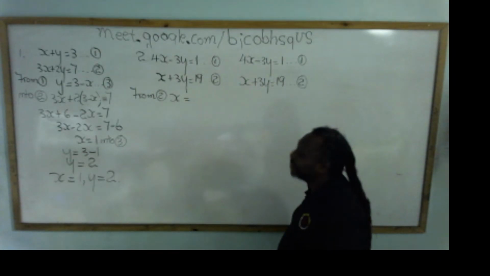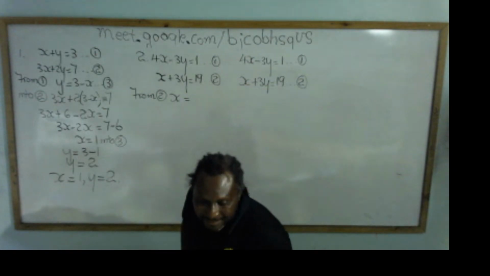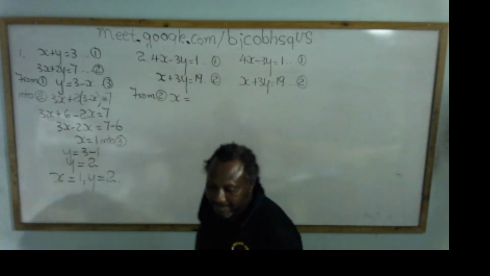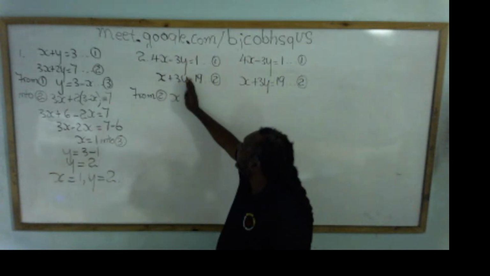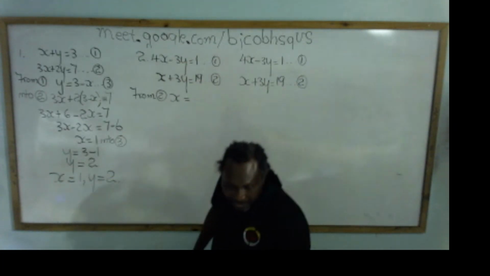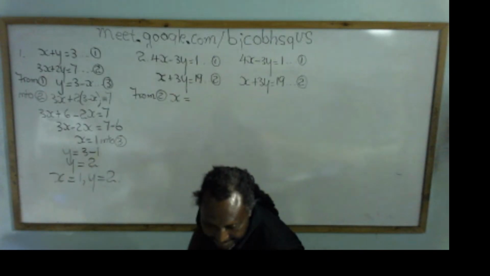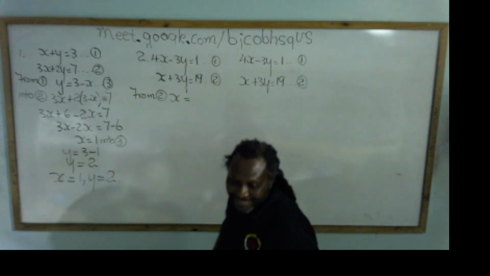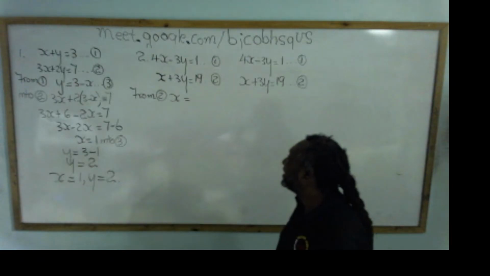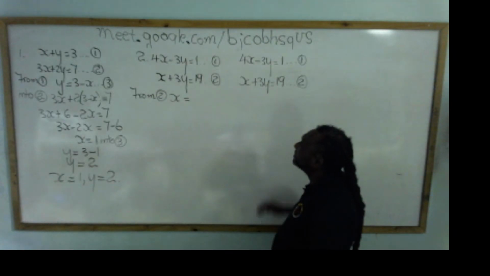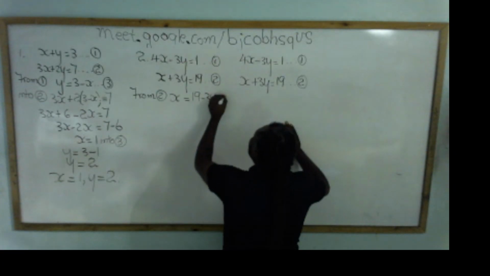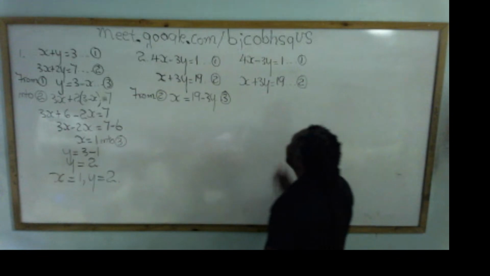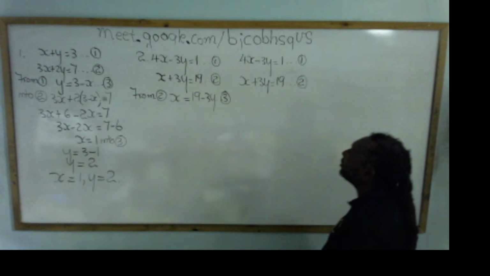No. Take a second, go at it. x will be equal to 19 take away 3y. So 19 minus 3y, and that is our equation 3.